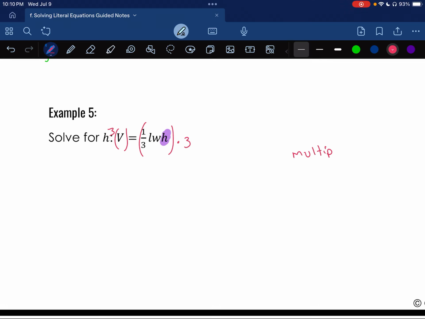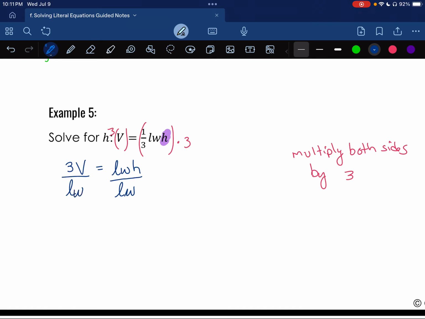Alright, so I have 3v is equal to LWH. Now to get h alone, I'm going to divide both sides by length times width. And that will cancel, and I'll have h is equal to 3 times the volume divided by the length times the width.